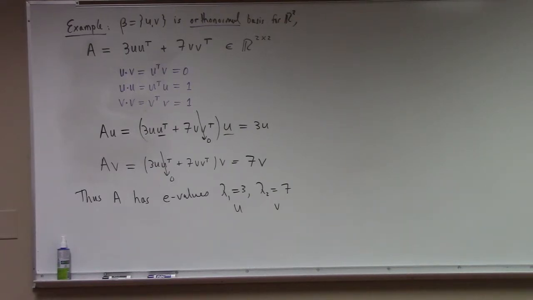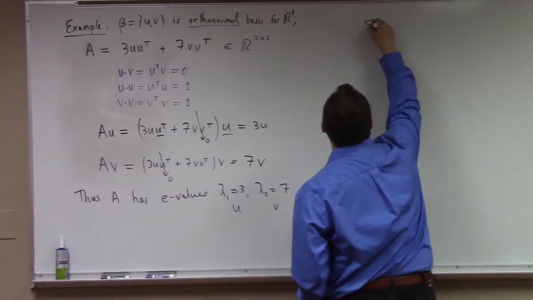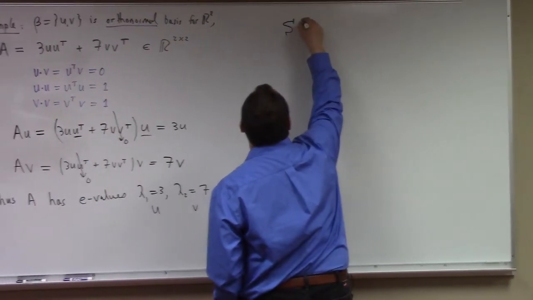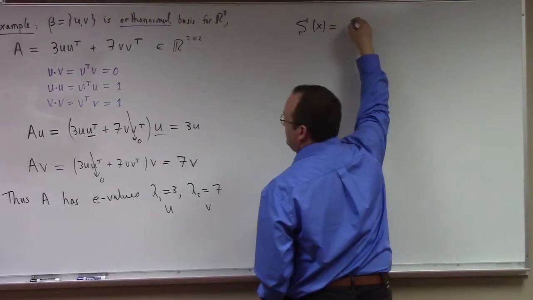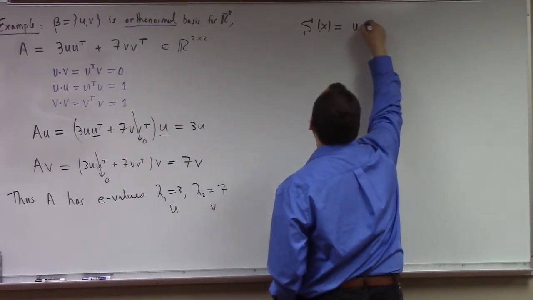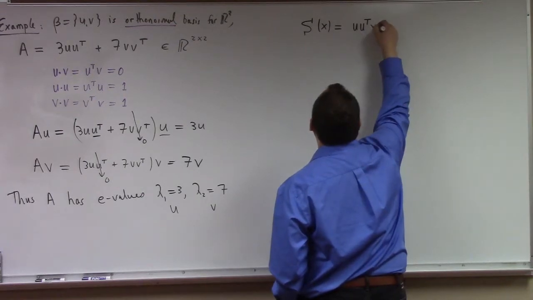So in this context, I can tell you an example of an S, so to speak. Like S, in the sense of the definition I just wrote down. We could say S of x is equal to, for example, u transpose times x.